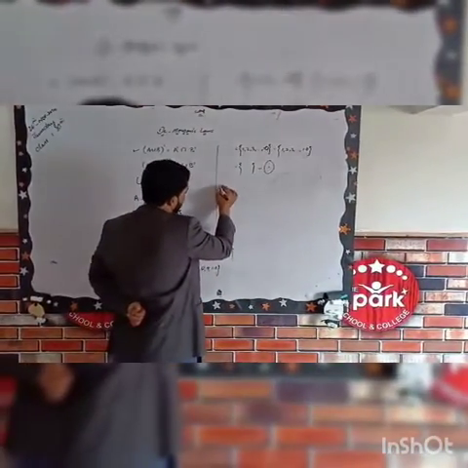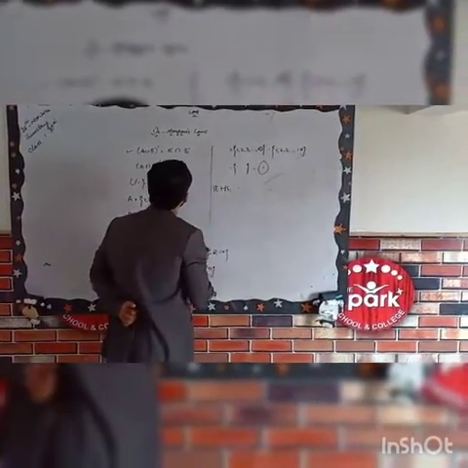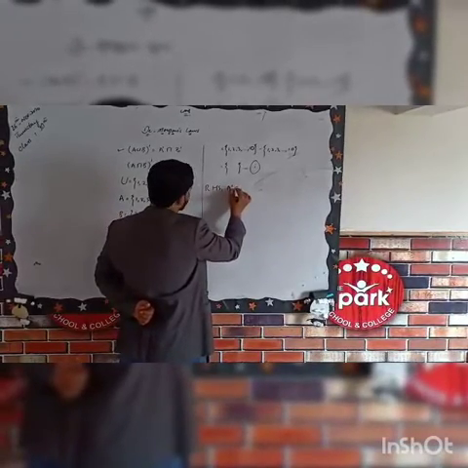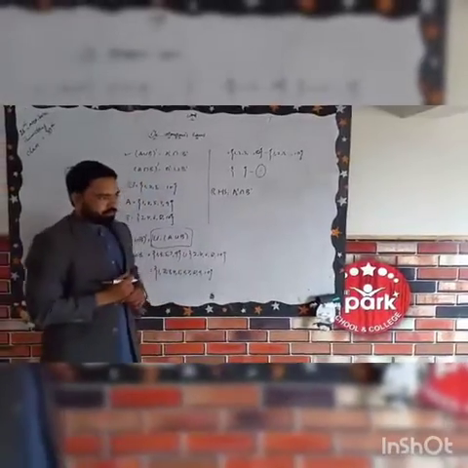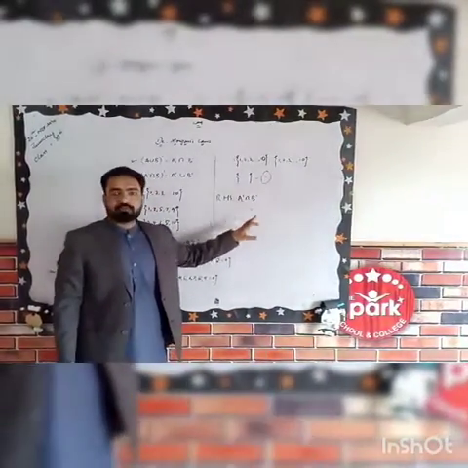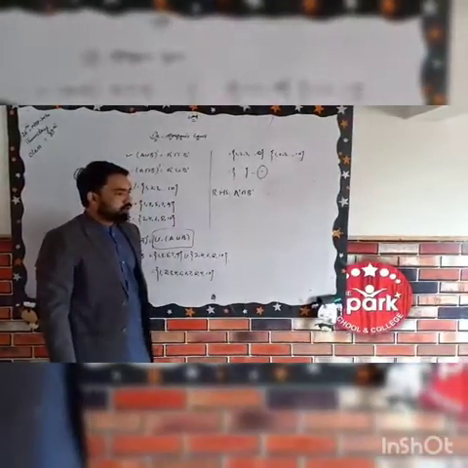Now we take the RHS, and the RHS of the first part of De Morgan's law is A complement intersection B complement. Like before, we'll first find A complement, then B complement, then take the intersection of these two complements.